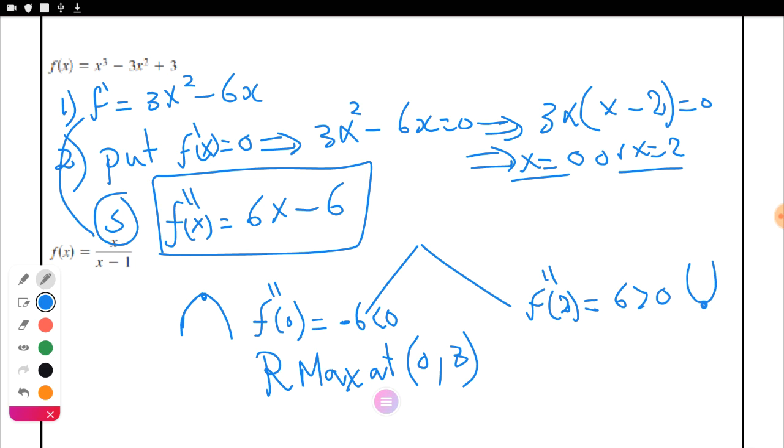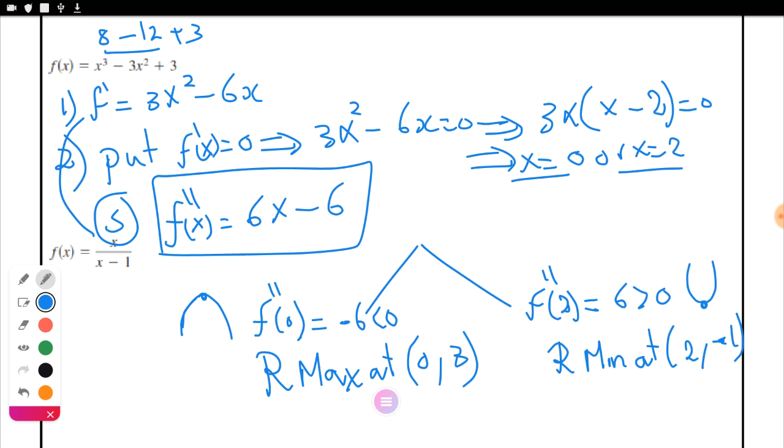This means we have a relative minimum at x equals 2, and f of 2: replace 2, it will be 8 minus 3 times 2 squared, which is 12, plus 3. This will be negative 4 plus 3, so it will be negative 1. You can replace and check this one.